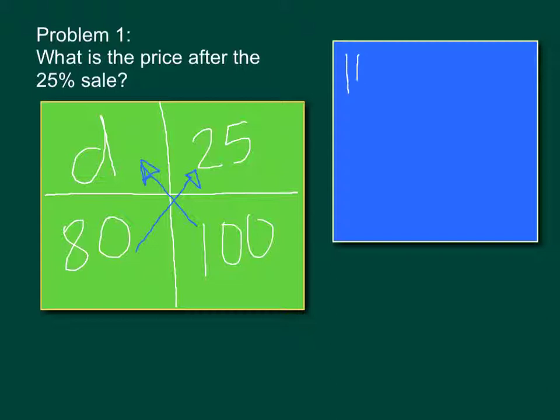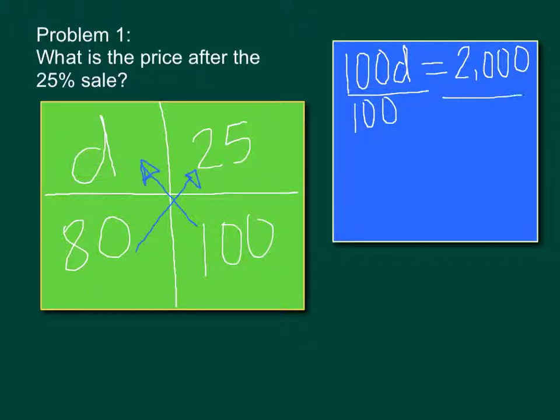So I get 100 D equals 2,000. 80 times 25 is 2,000. And then I will need to divide by 100 to isolate D, discount. This is just like those ratios that we've been doing for the last few topics. And the discount is $20.